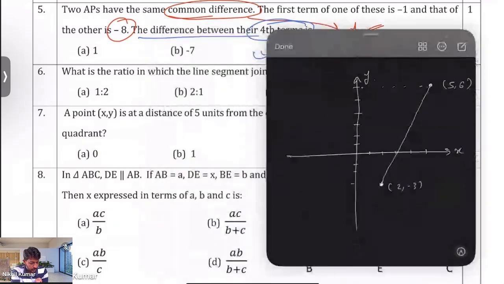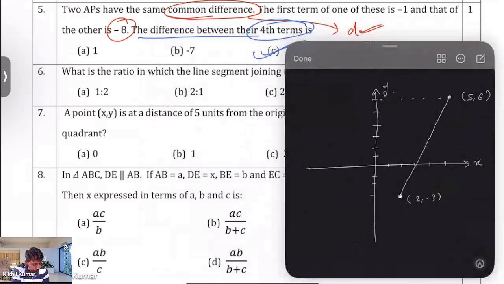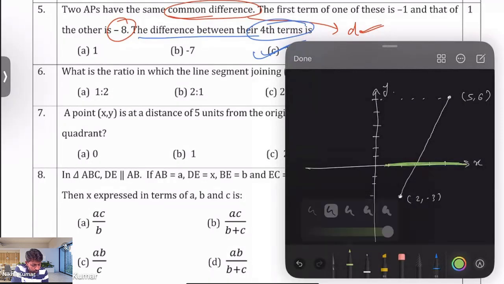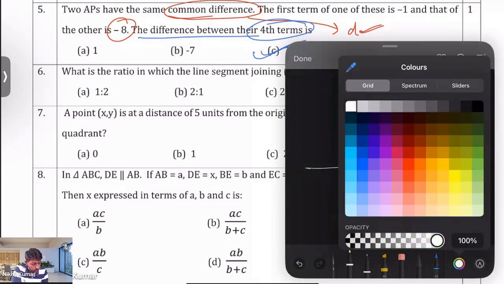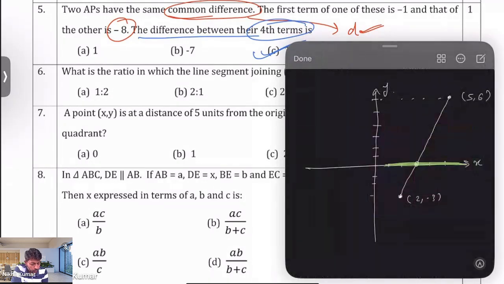Now if you take a look at the x-axis, it is cutting this line into some parts, right? What can you tell me about this point? What are the coordinates of this point? Well, I'm not sure about the x coordinate, so I'll just write x.